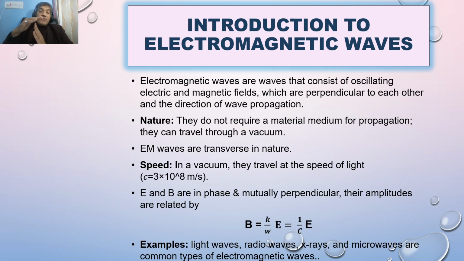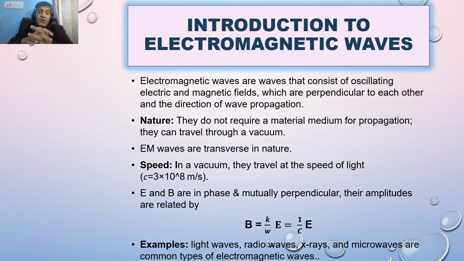So the electric field must be perpendicular to the direction of propagation. This is the basic requirement regarding the transverse nature of the electromagnetic wave.